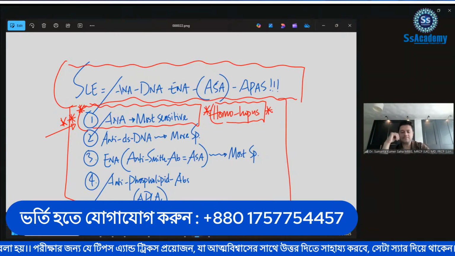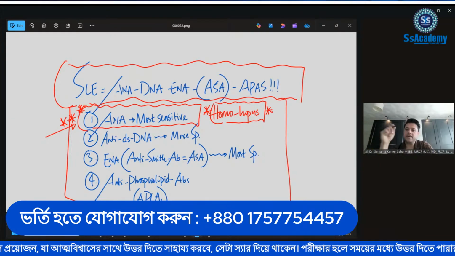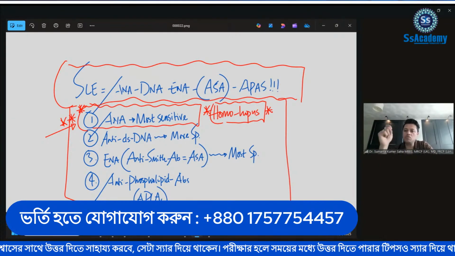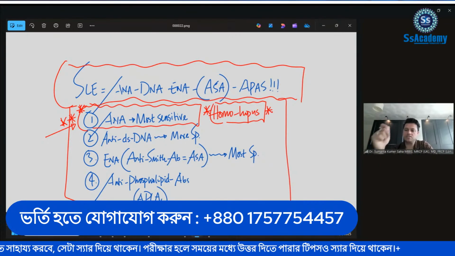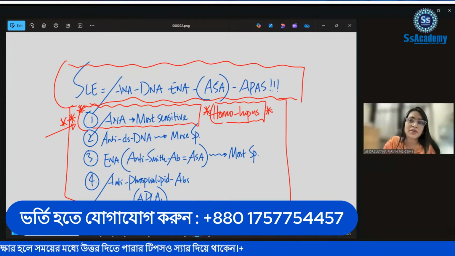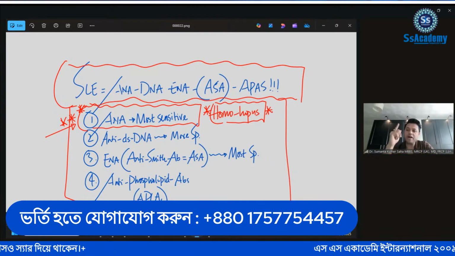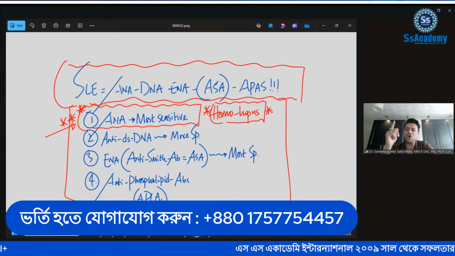That's the scenario. Now the question: which one of the following antibodies is the most important antibody to make the diagnosis? I'll tell you, my dear, everyone will definitely get it wrong. So let's just get it out.